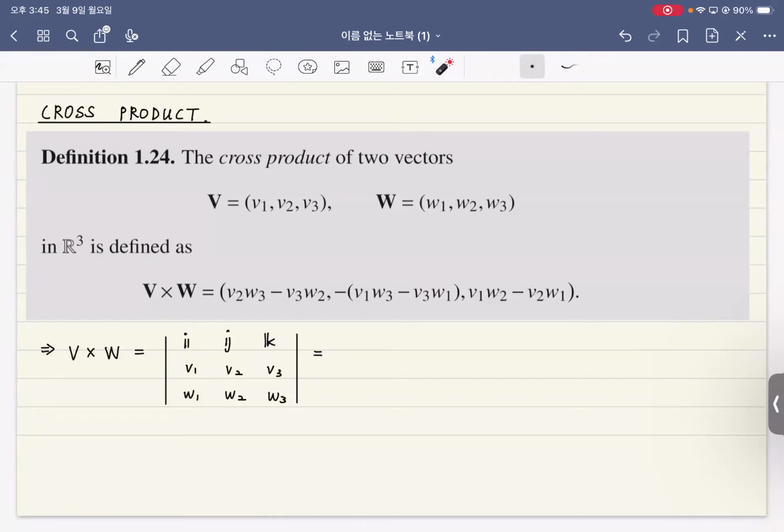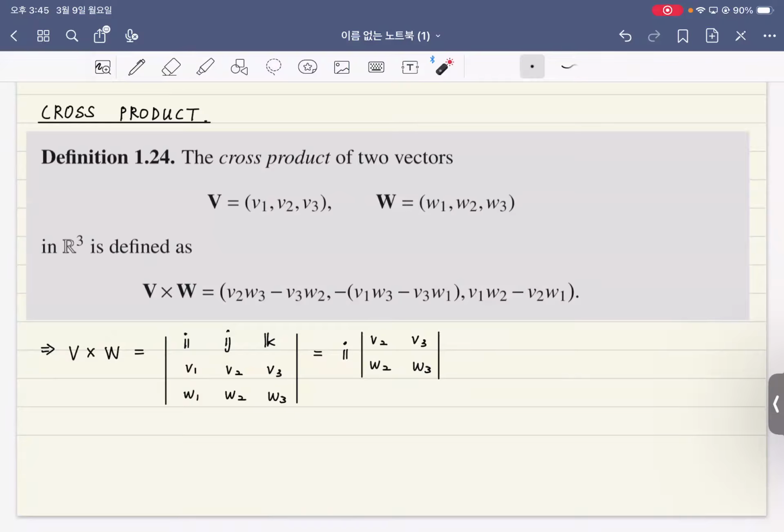That goes like this. This guy, i, times the determinant of this matrix, which is this.